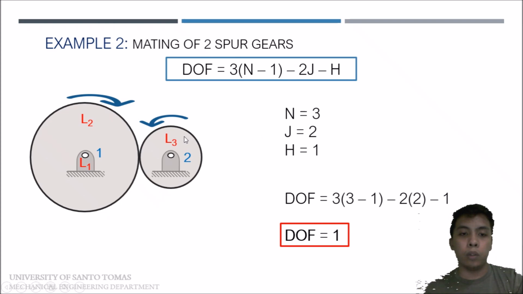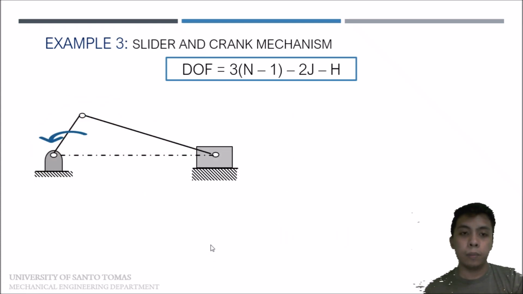Meaning, kapag gumalaw tong driving gear natin, one direction lang din ay gagalaw ng another link natin. So gumagalaw lang tayo ng rotational, hindi tayo nagta-translational, hindi rin tayo nagbabago ng ibang axis.